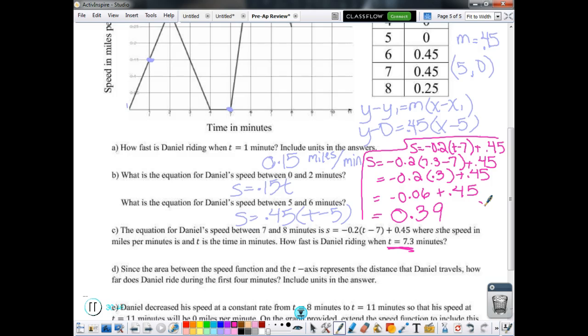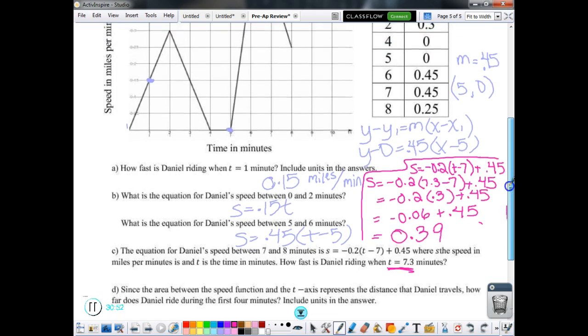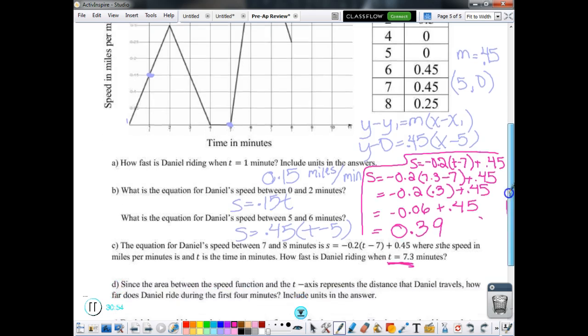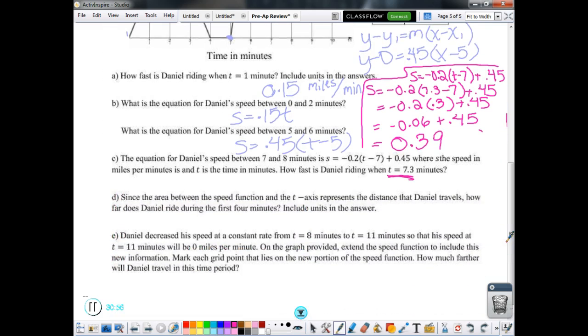And then you keep the sign of the bigger number, it's positive. So the speed is 0.39 miles per minute. If you had distributed, would you still get the same answer? Yeah.